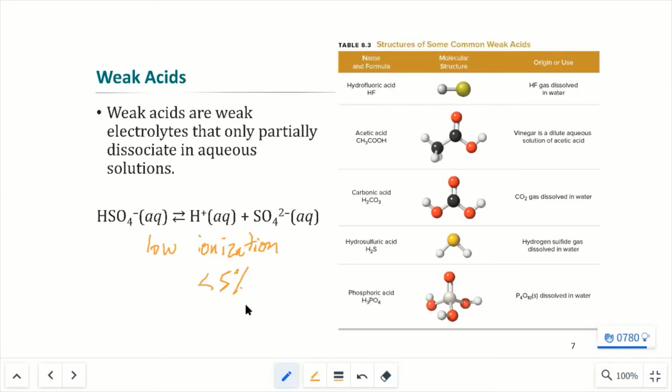That means that the other 95 stayed together. And so if you have one of these weak acids where 95% are staying molecular and only 5% are actually producing ions, you know that you're not going to get a whole lot of ions in that solution. It's going to conduct electricity, but not nearly as well.